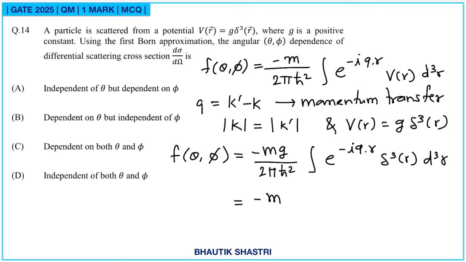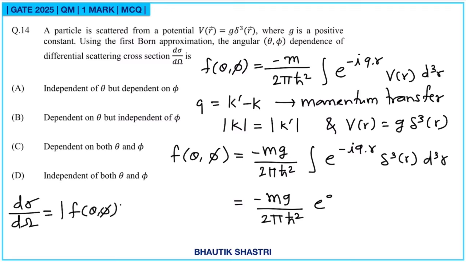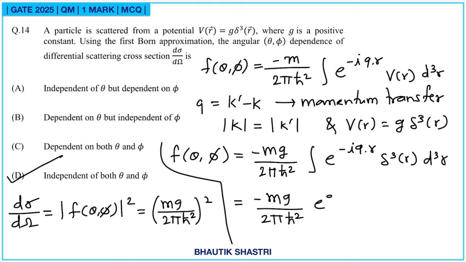So this will be equal to minus mg upon 2 pi h cut square, and this will be e raised to 0, which is 1. Now the angular dependence d sigma by d omega is equal to mod of f of theta phi square, which will be square of this. So that is square of mg upon 2 pi h cut square. That means it is independent of both theta and phi. So option D is correct.